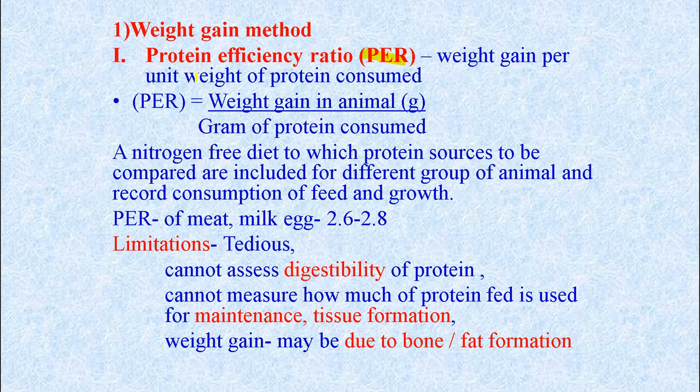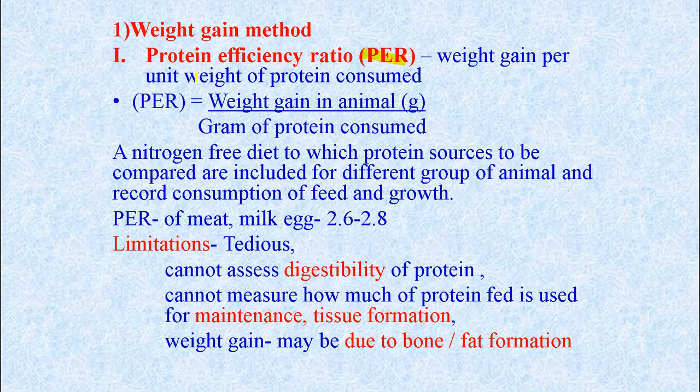Continuing, in a nitrogen free diet, the protein sources to be compared are included for different groups of animals, and the feed consumption and growth are recorded. The protein efficiency ratio, or PER, of meat, milk, and egg is about 2.6 to 2.8.